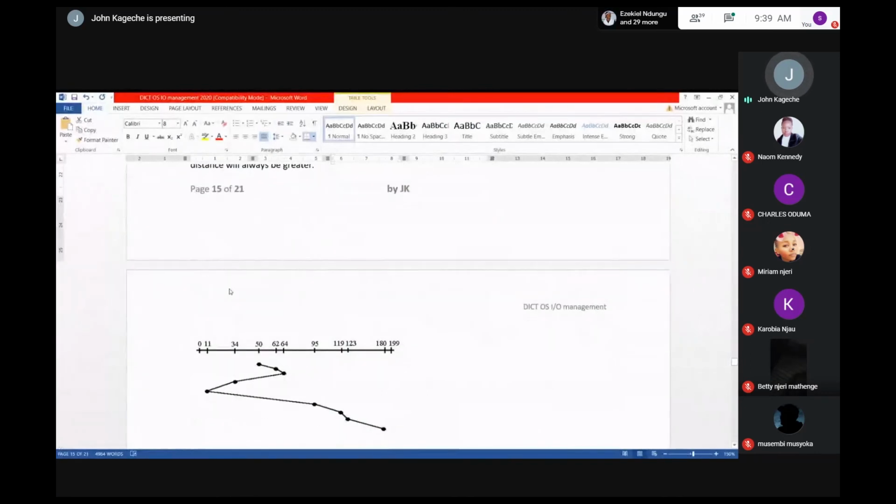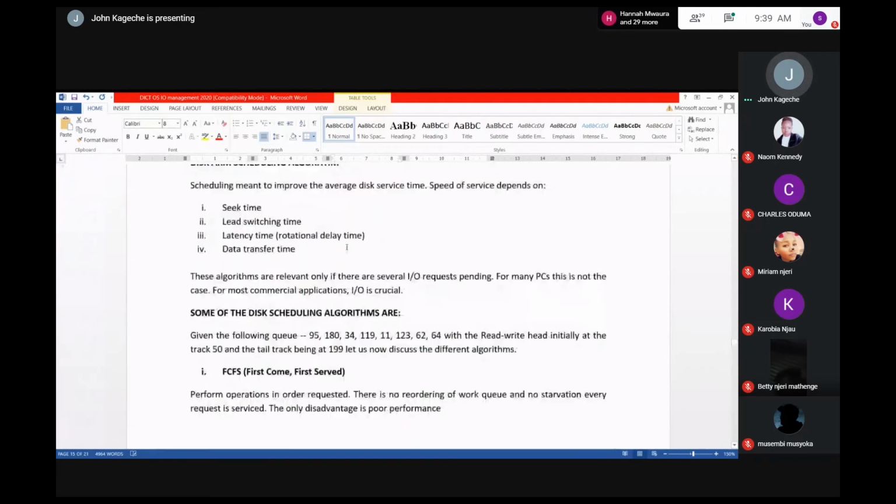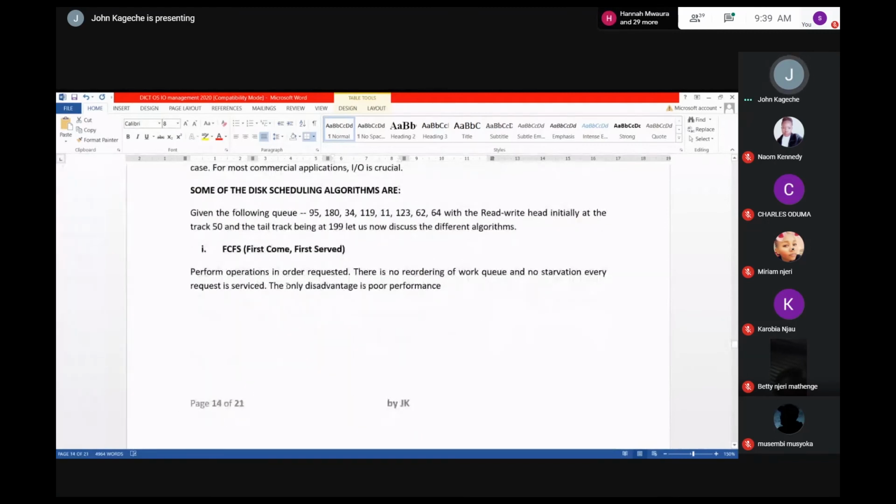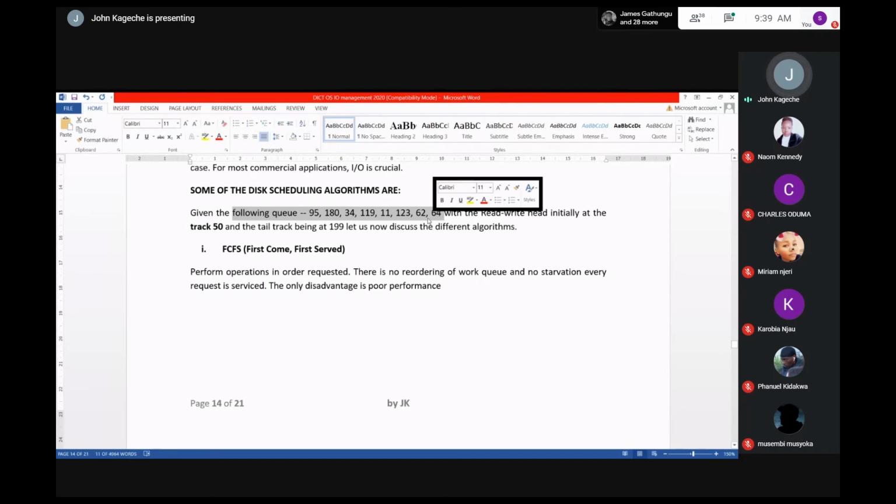For example, if this was the diagram, from 50, like for example here, our current head position is at track 50. Are we together? That track 50. So now you'll be looking with this queue, which is the closest track from 50? 34. From 50.